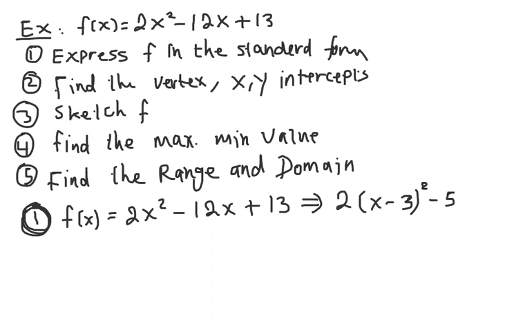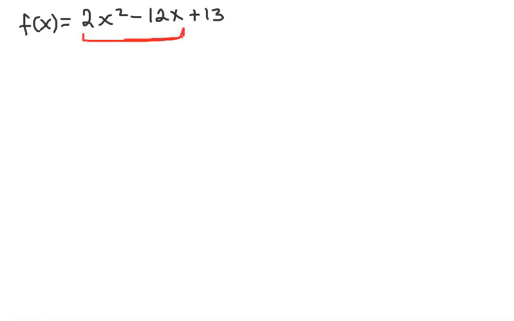So the function is f of x equals 2x squared minus 12x plus 13. So for the standard form, first, we start from these two terms, such that we make the coefficient of x squared equal 1.